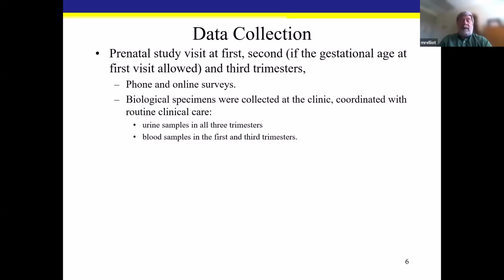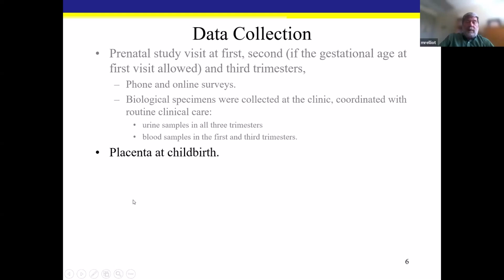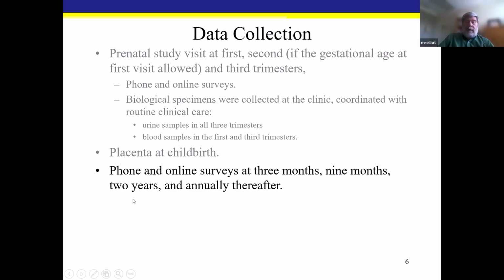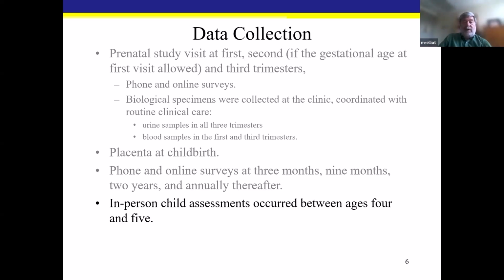It generally consisted of phone and online surveys. Biological specimens were generally collected at the clinic, coordinated with routine clinical care. We tried to get the placenta at childbirth. And then post-natally, we got phone and online surveys at 3 months, 9 months, 2 years, and annually thereafter, with an in-person child assessment between ages 4 and 5.